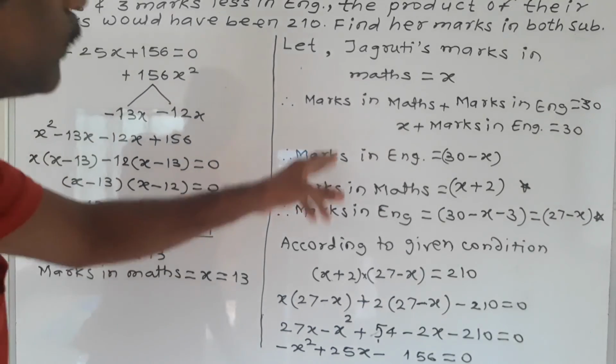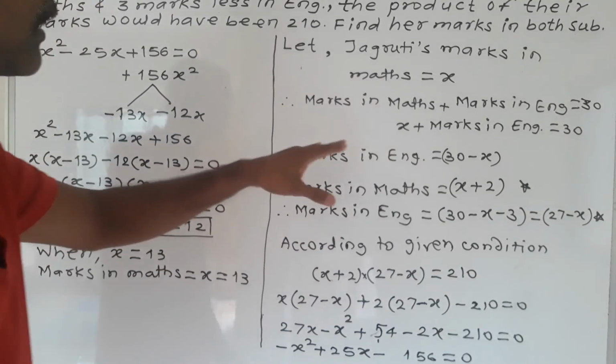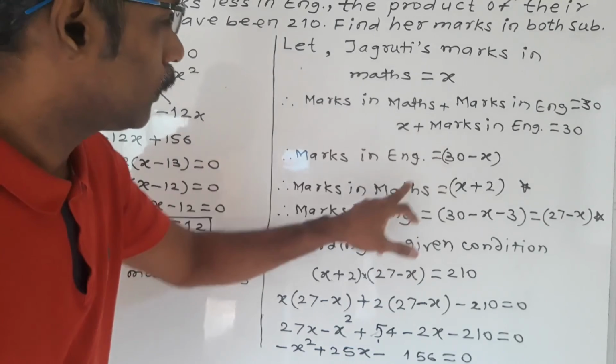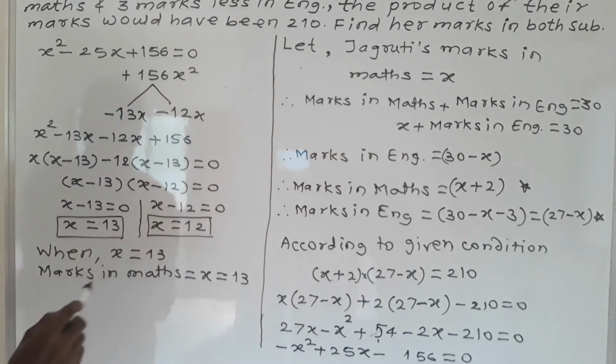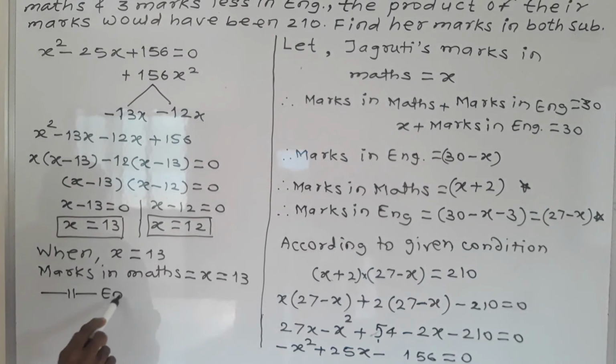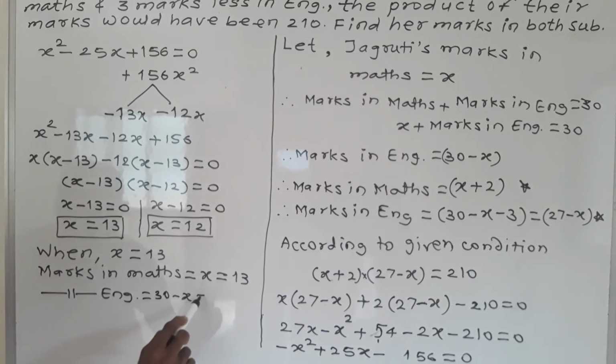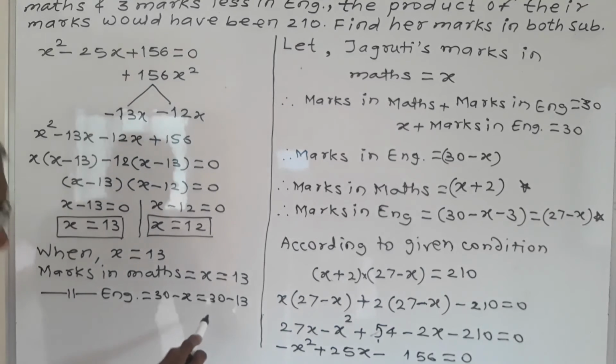Then we write marks in English is equal to 30 minus x means 30 minus 13 is equal to 17.